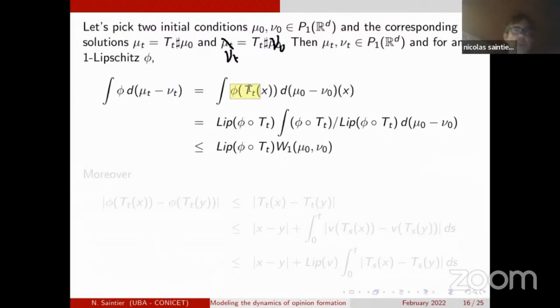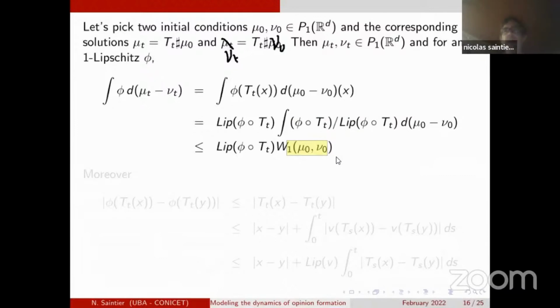So I just normalize: I divide by the Lipschitz constant and multiply by the Lipschitz constant. That way, the nice thing is that this function is Lipschitz with a Lipschitz constant at most equal to 1. So it is admissible in the definition of the W1 distance between mu naught and nu naught, which means that this integral here is less than this distance. So this is good.